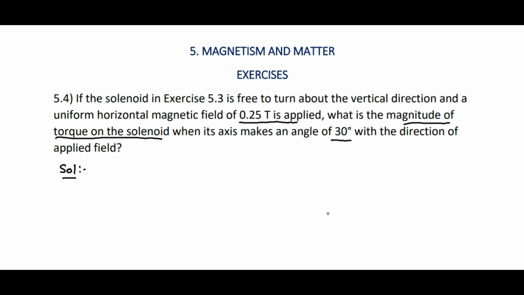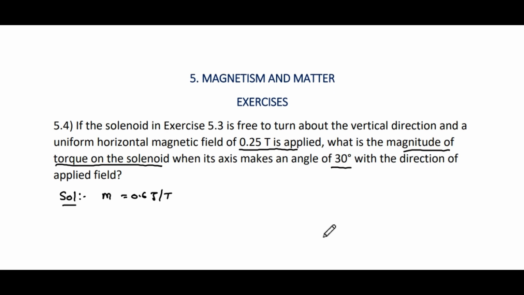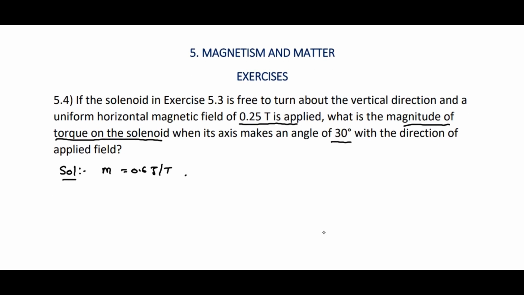Here, the given data is the magnetic moment is equal to 0.6 joule per Tesla. What is this value? This value we got in the previous problem. Magnetic moment, this is linked with the previous problem. And B value is equal to 0.25 Tesla and theta is equal to 30 degrees.